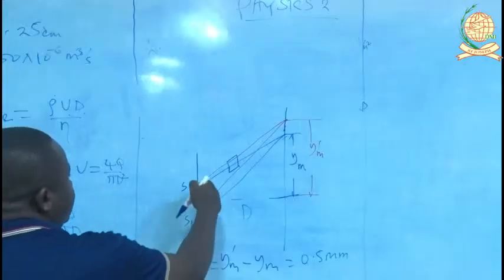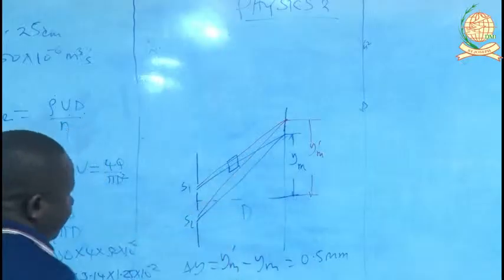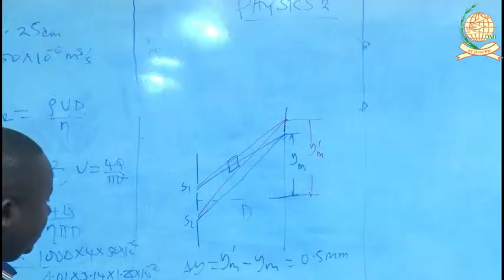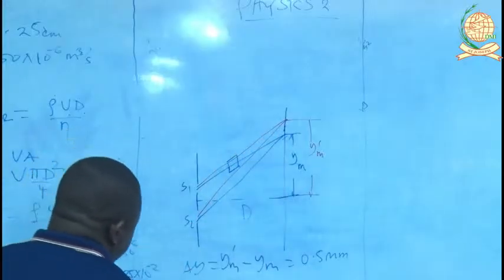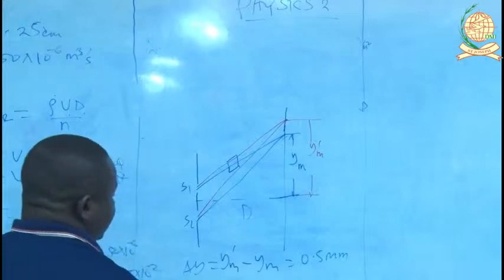This is because of the normal interference without a transparent material. But when you put a transparent material, y m will change.